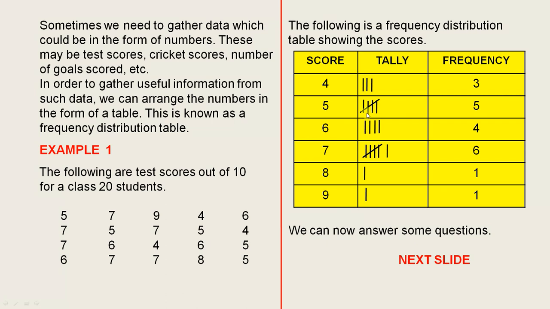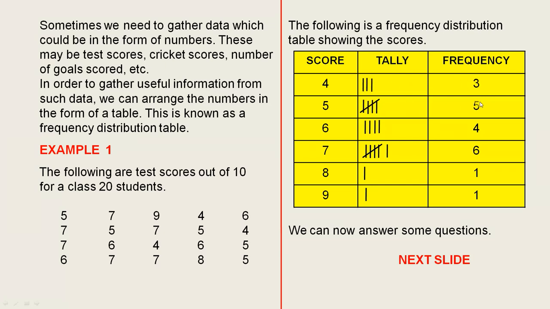Each time you get to 4 strokes, 1, 2, 3, 4, if there is another one of those scores, you go across like that and put them in bundles of 5. So this represents a bundle of 5, and that makes it easier to do the counting at the end. For example, for the score of 4, we have 3 strokes, so there are three 4s.